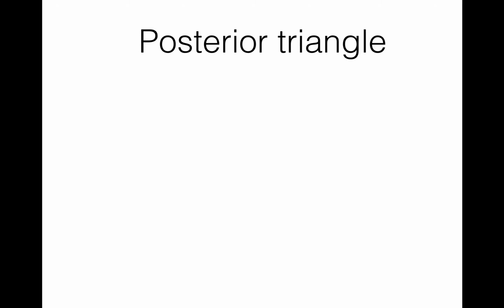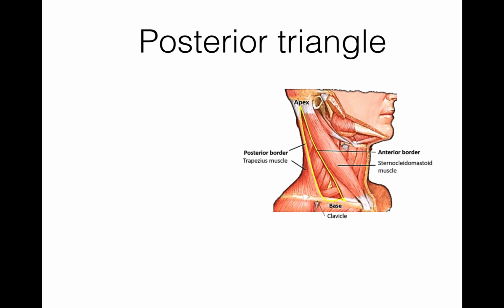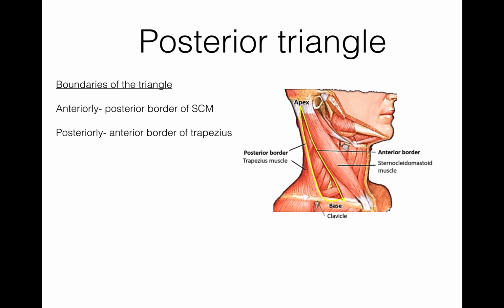So now moving on to the posterior triangle. Anteriorly we have the posterior border of the sternocleidomastoid muscle, and posteriorly it is bounded by the anterior border of the trapezius muscle, and inferiorly it is formed by the middle one-third of the clavicle.